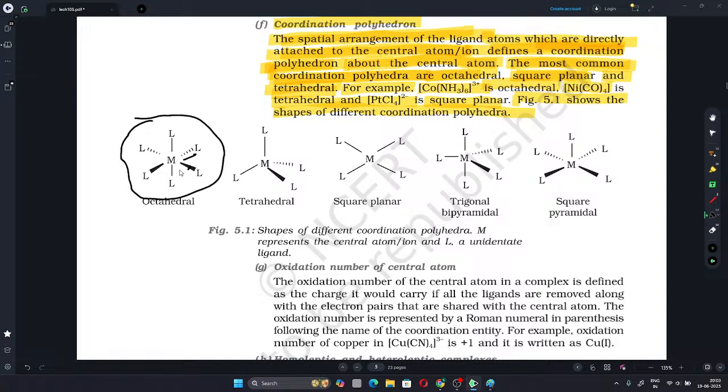A 3D structure where this forms an octahedron.